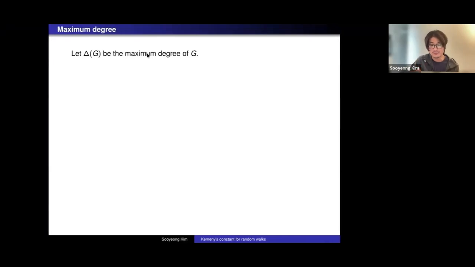When you think about a graph, if you have a vertex here with a maximum degree, which means it's adjacent to most of the vertices in your graph, then when you pick two vertices at random, they are likely to lie on here, right? And when you think about mean first passage times, to get from here to the other, it could go via the vertex with maximum degree.